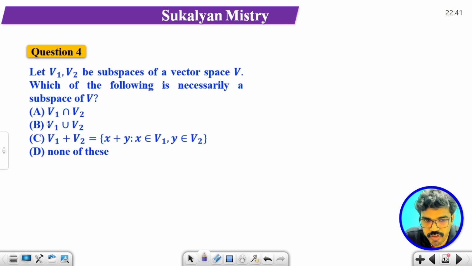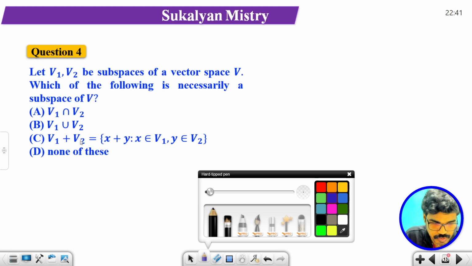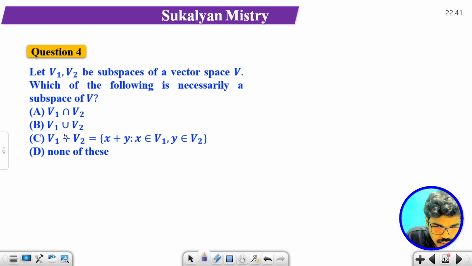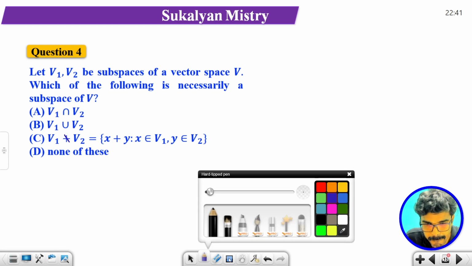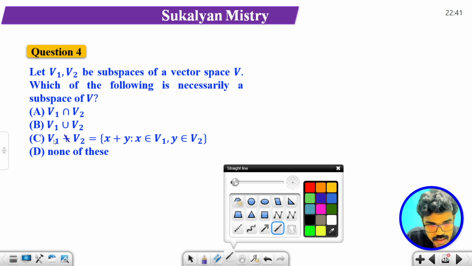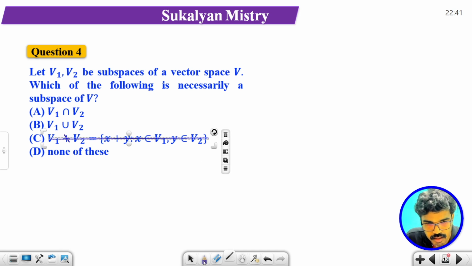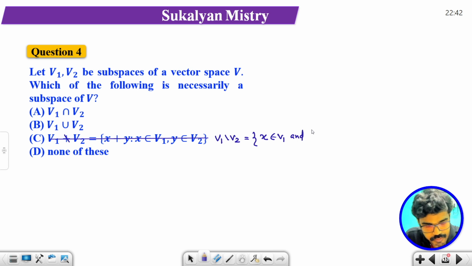V1 intersection V2, V1 union V2, V1 slash V2 such that X belongs to V1 and Y does not belong to V2. Please correct this option.